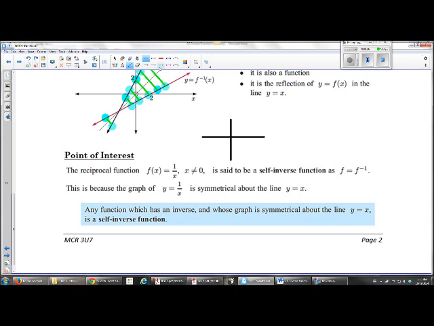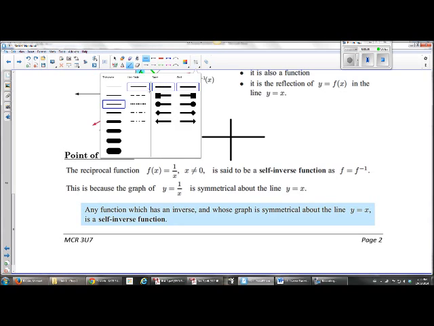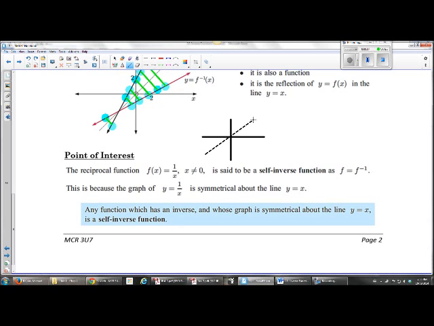I'll just draw the line y equals x here. And the function itself, if I can draw this to any degree of accuracy, the graph y equals 1/x looks something similar to this.